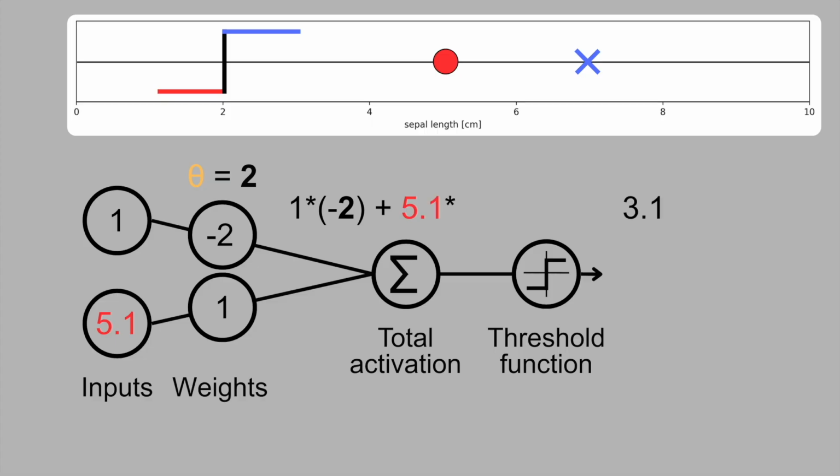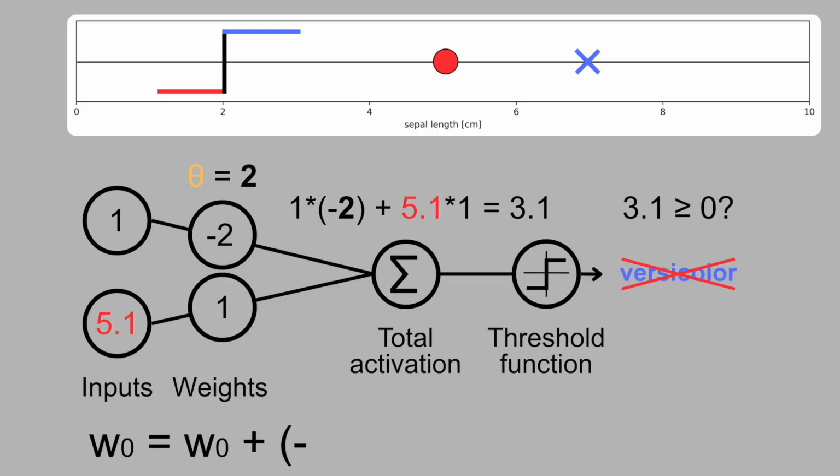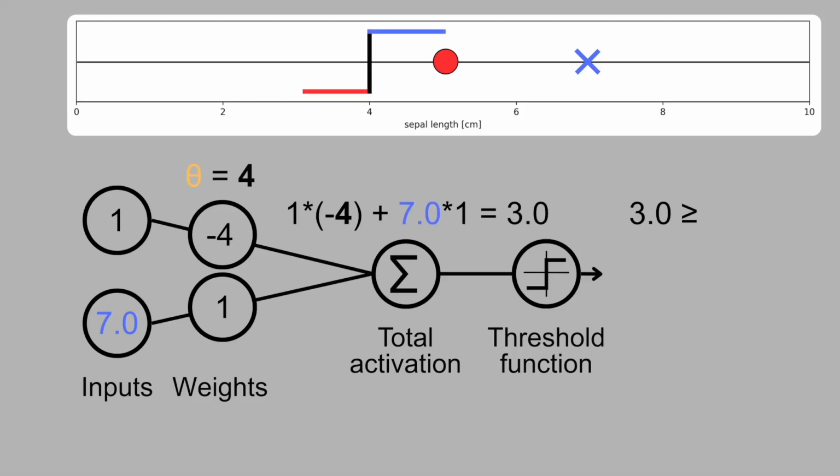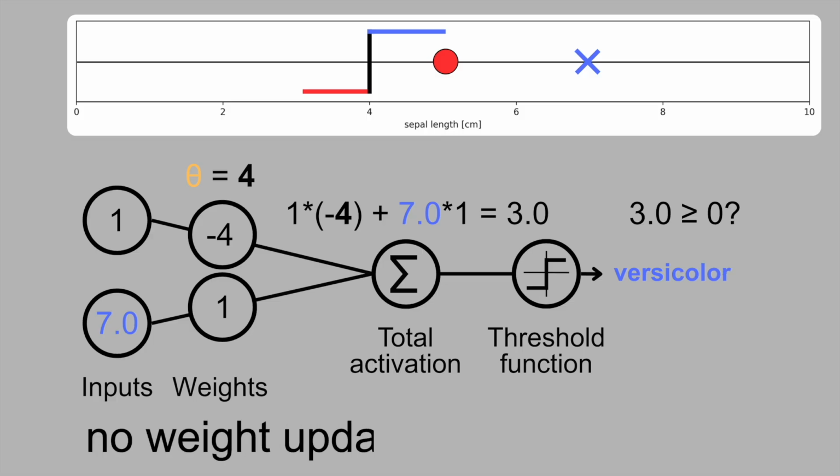Again, for setosa, our perceptron is incorrect, so we have to compute the new weight 0, and this is -4. And the boundary itself is 4, so we moved it to the right again, compute total activation, answer the question, and the perceptron correctly guessed again, so no weight update is performed.